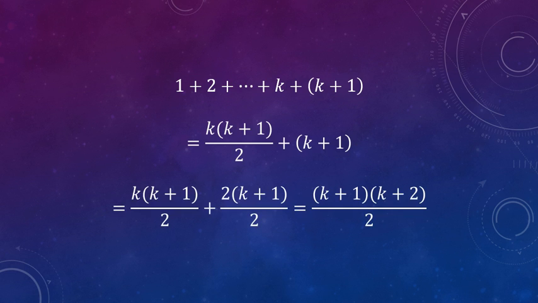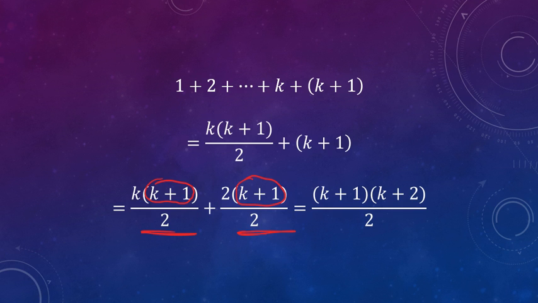Now looking at these two fractions here, each of these guys contains a common factor of k plus 1 on the top. So what I can do is I can pull that common factor out of each of those two terms, and I'm left with k plus 2. So I have k plus 1 times k plus 2 on the top, and that's all over 2.